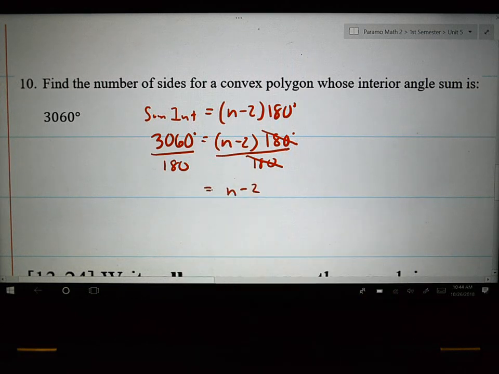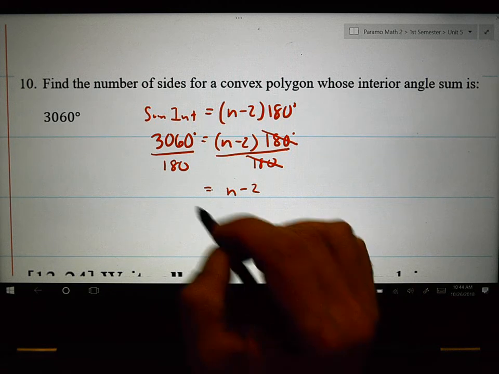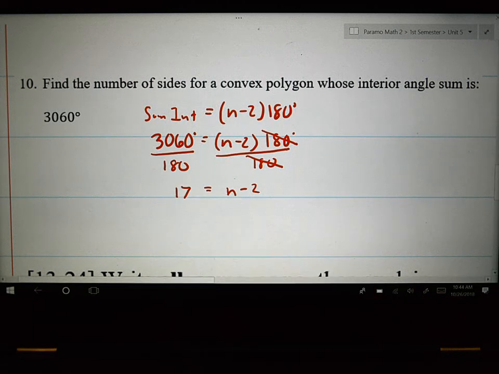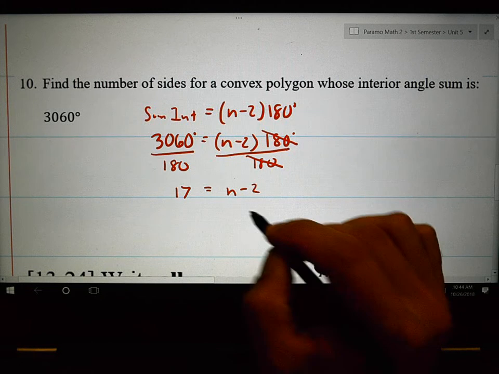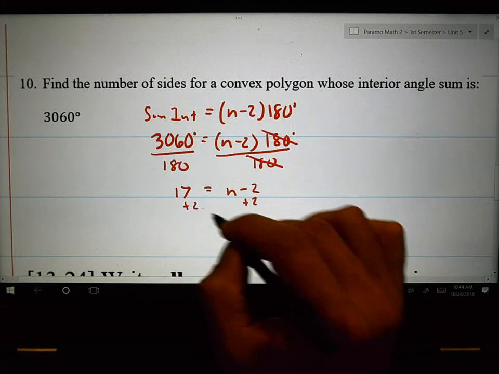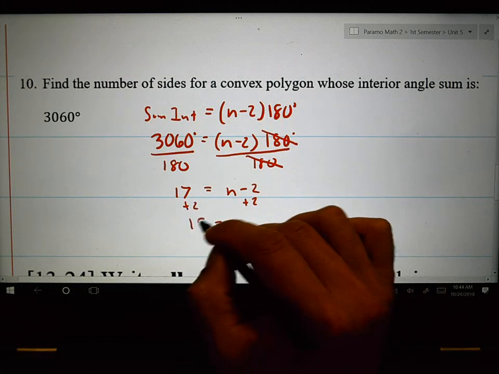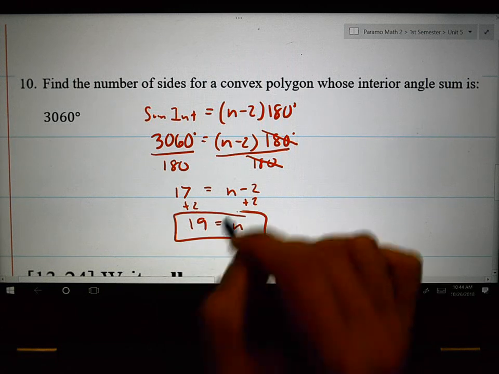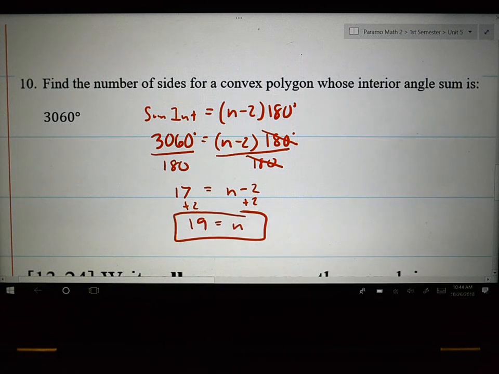Over here, I'm going to use a calculator. 3060 divided by 180 goes in 17 times. Add 2, and n stands for the number of sides. How many sides does it have? It has 19 sides. It's a 19-gon. That's what you would call it.